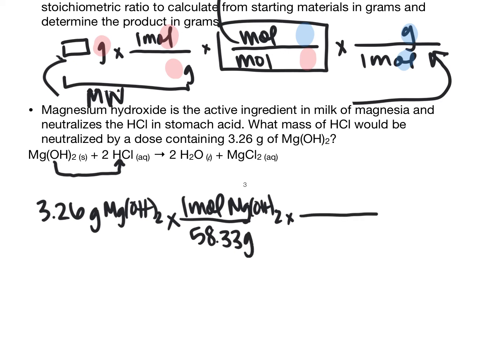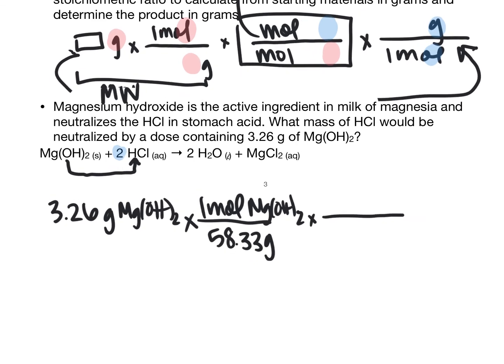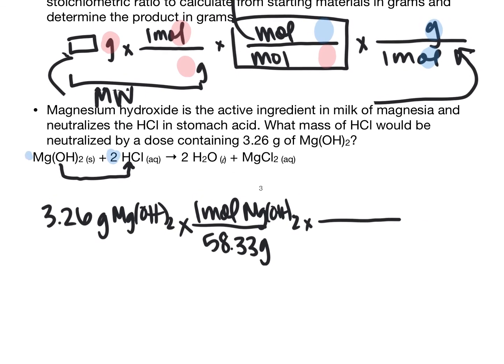Now, the stoichiometric ratio in this case is 2 to 1. And so in this case, we are going to use that relationship. So for every 1 mole of Mg(OH)2, we need 2 moles of HCl.